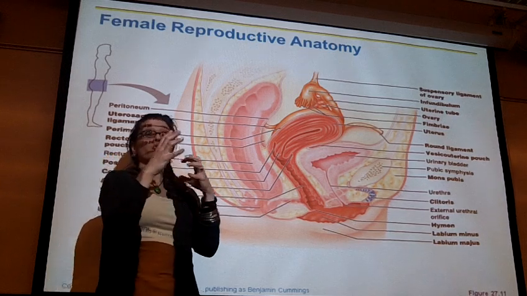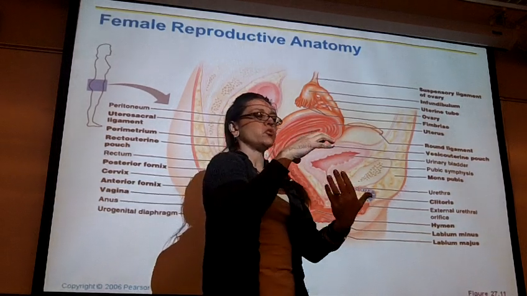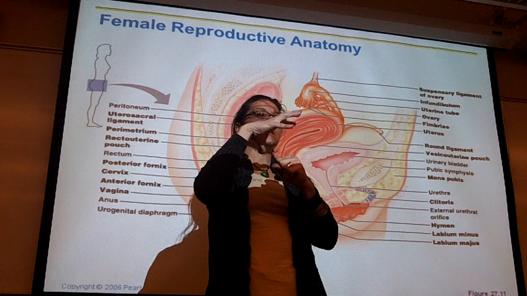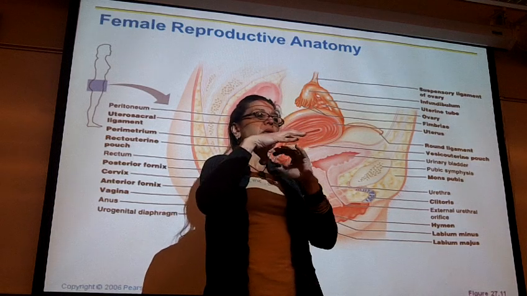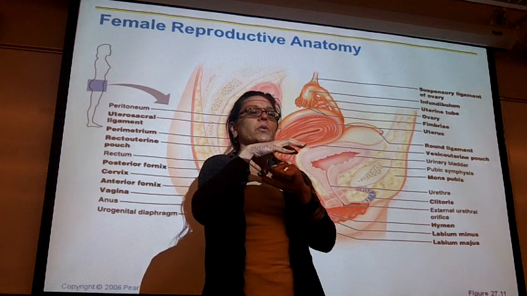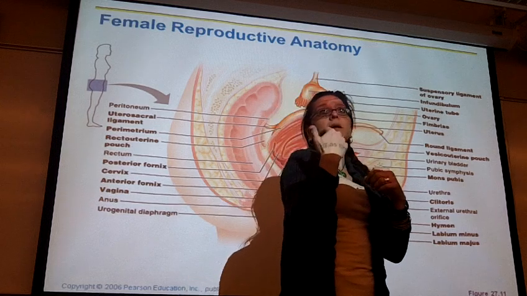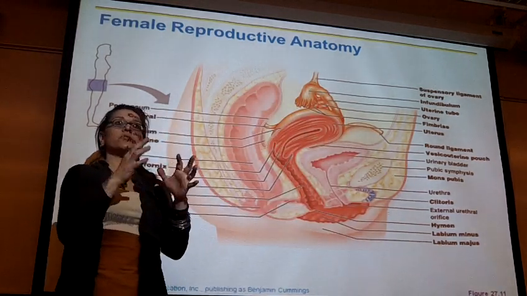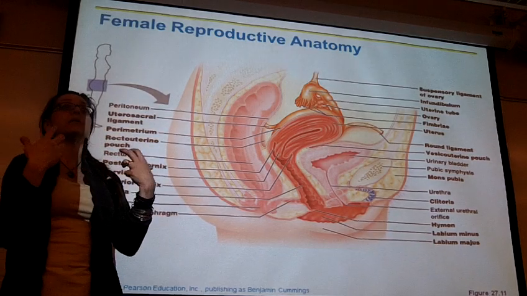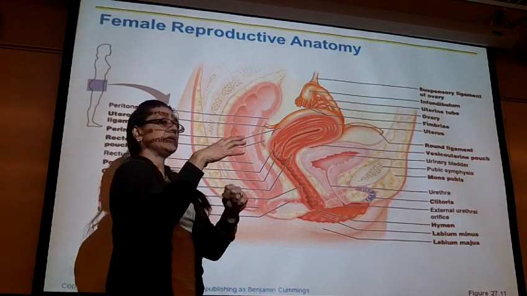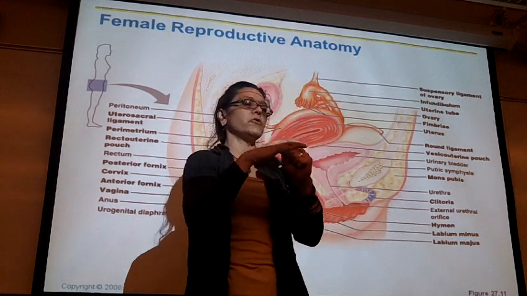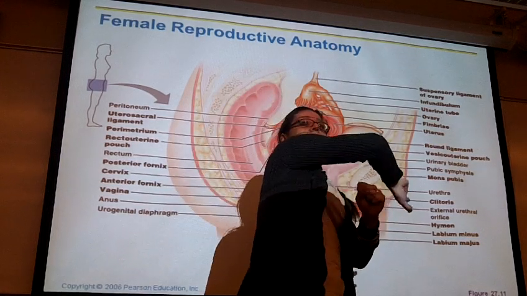That egg or that oocyte has to get swept up into the fallopian tubes. So you're going to see the cells that line the innermost part of those fimbriae are lined with cilia. And about 12 hours before ovulation happens, those cilia will start to beat, so that when that egg is released, hopefully it's going to get swept up into the fallopian tubes instead of going out into the abdominal cavity.